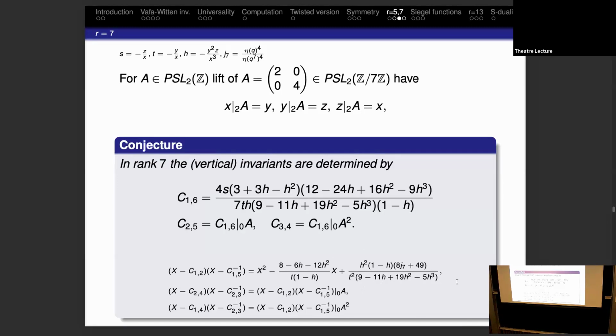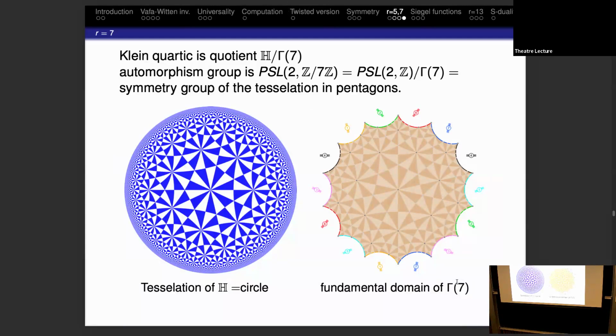Okay. So that's not really the point. I don't really use that this thing is modular for gamma 0 of 7, but here one can see, in some sense, the modular curve for gamma 7. One can view the upper half plane as the disk, within another model.